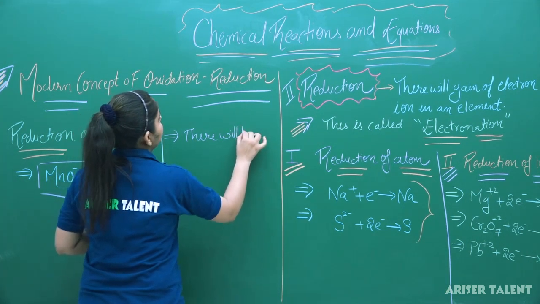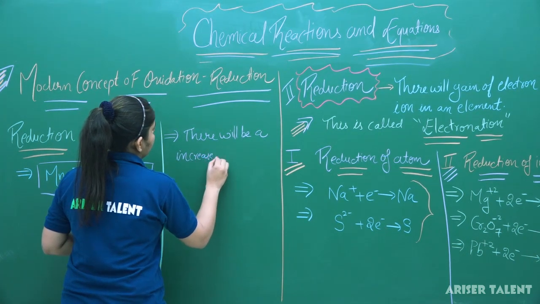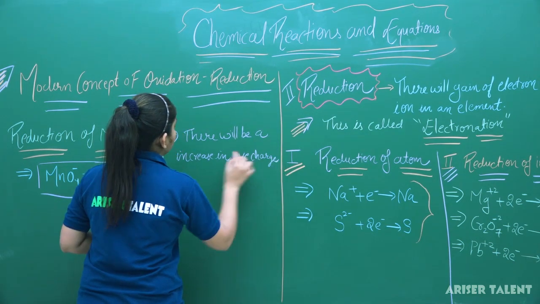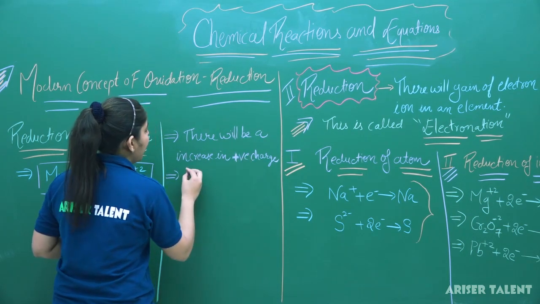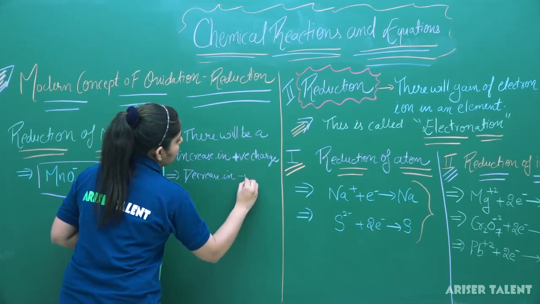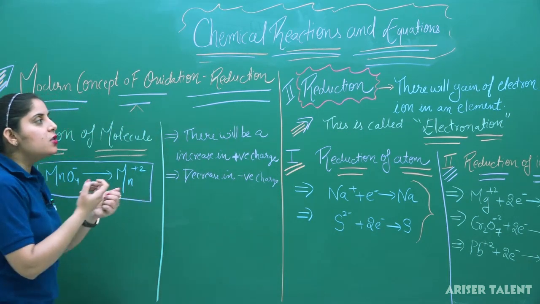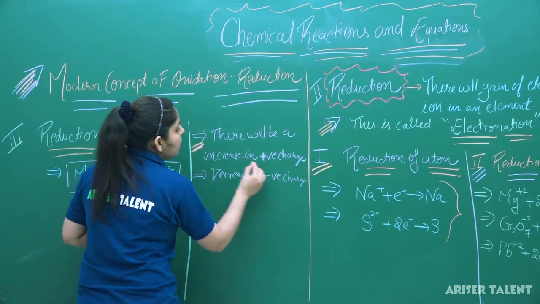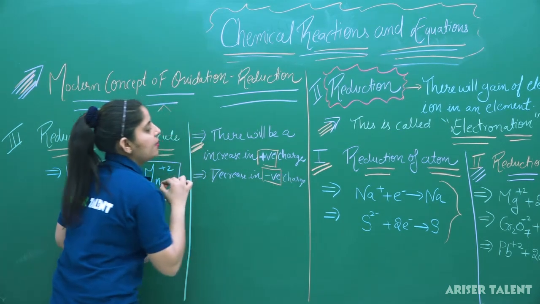In case of reduction, an ion or electron is being added, so we can say that there will be an increase in negative charge and a decrease in positive charge.